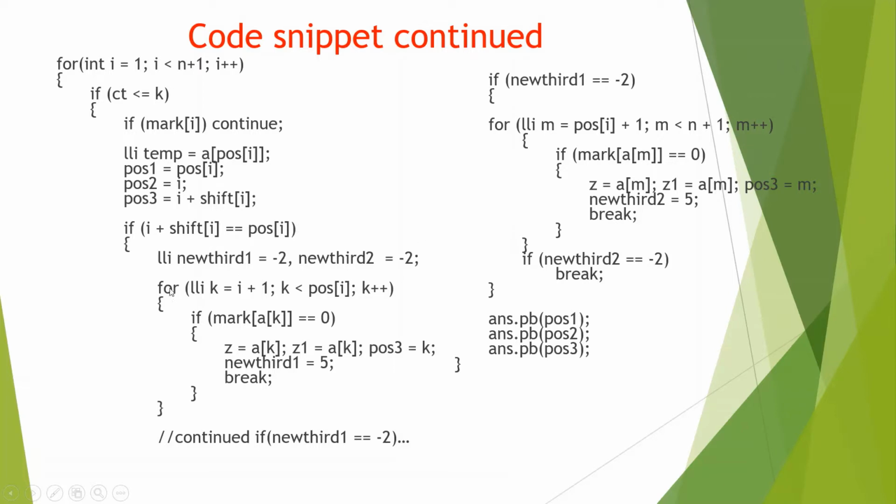We run a basic loop till the first element such that we get a possible third. If we didn't get a possible third from this range, we could take a range from the second element till the last element. And if we got selected, we would break off this loop. Suppose if a new third was found and this was not taken, we break off the loop and we push back the answer.